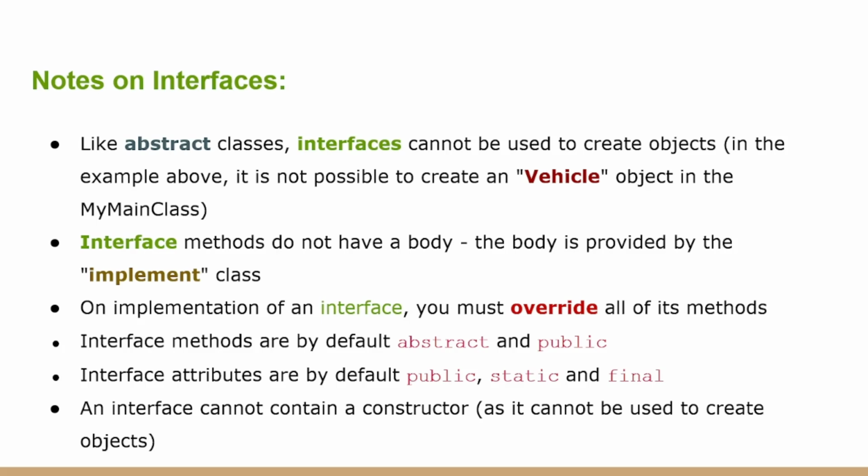It is not possible to create a vehicle object from the vehicle interface. Interface methods do not have any body, but keep in mind that default methods can have one. Whatever abstract methods are in the interface are going to be implemented by the class which inherits it.